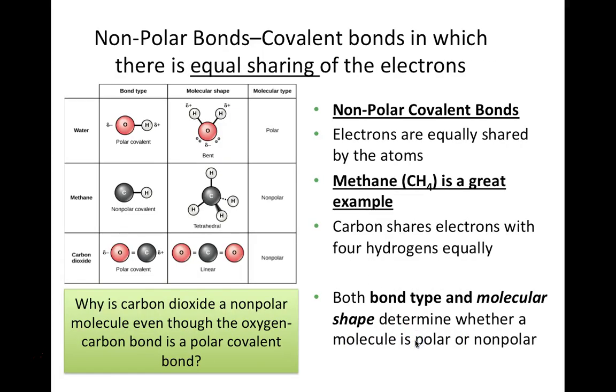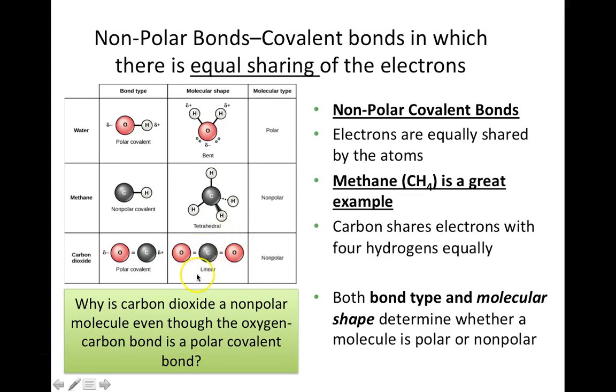Nonpolar covalent bonds, in which there's an equal sharing of electrons, are very non-interactive. Methane is a good example, illustrated in the middle, with this tetrahedral, nonpolar arrangement, an equal distribution of electrons all the way around these different atoms.